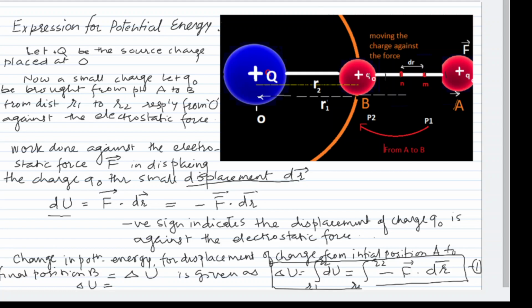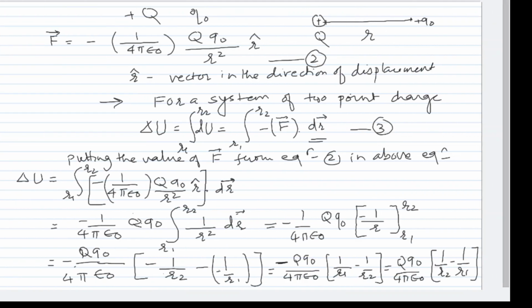Similarly now, if we see the electrostatic force of attraction or repulsion, that value is given, and this formula is for the force. With the help of Coulomb's law, we got this equation, and this equation we are writing over here as equation number 2.